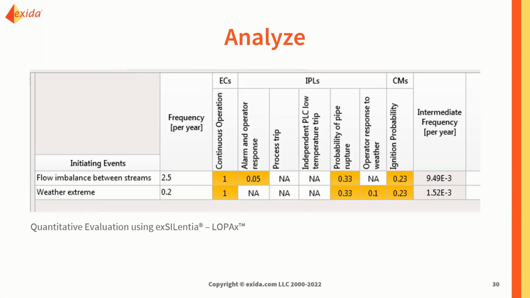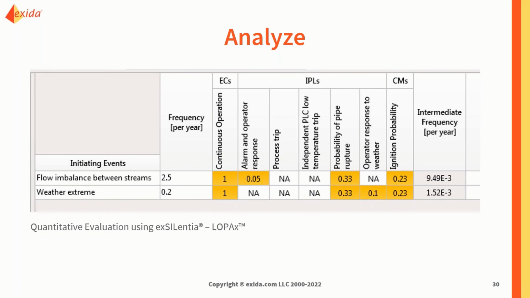And we also have the LOPA X, which is for LOPA analysis. We can do a lot of the SIL selection there, and we can also do other kinds of quantitative analysis for particular IPLs as well. Because the main purpose of LOPA was actually to look at the IPLs and the quantitative analysis.